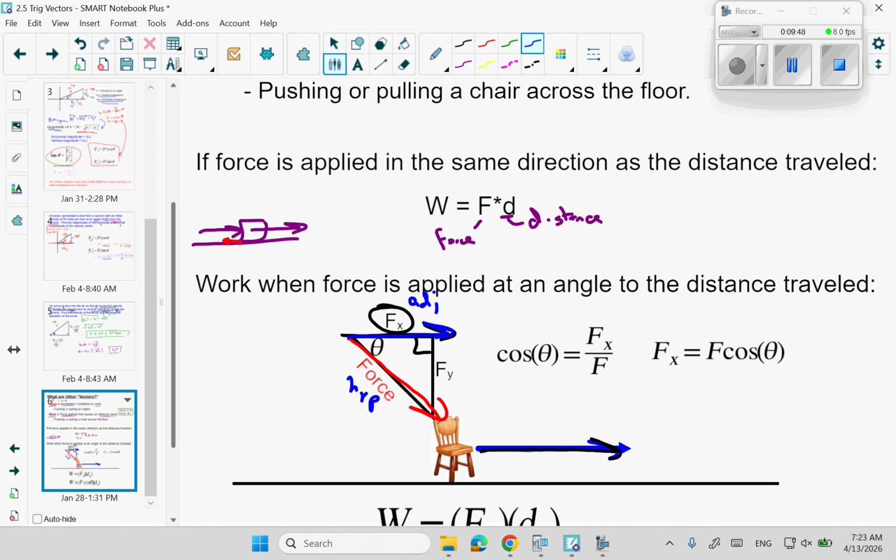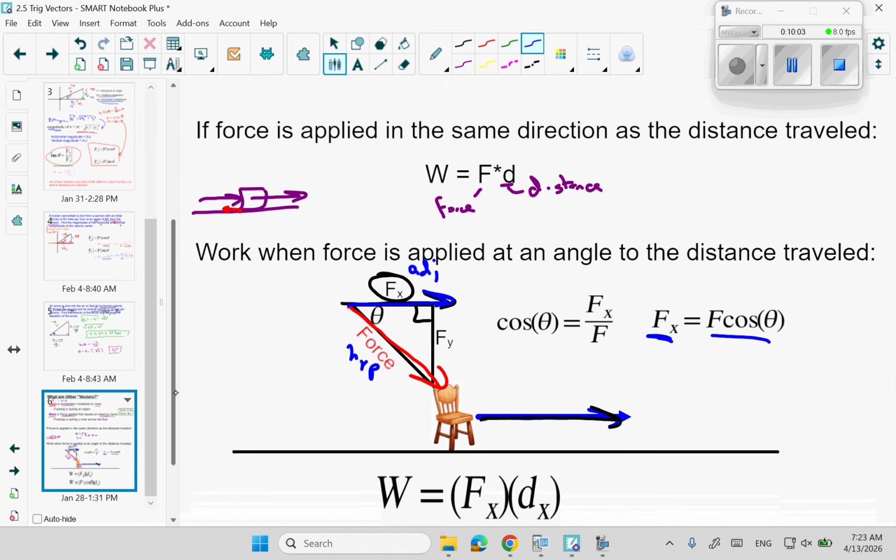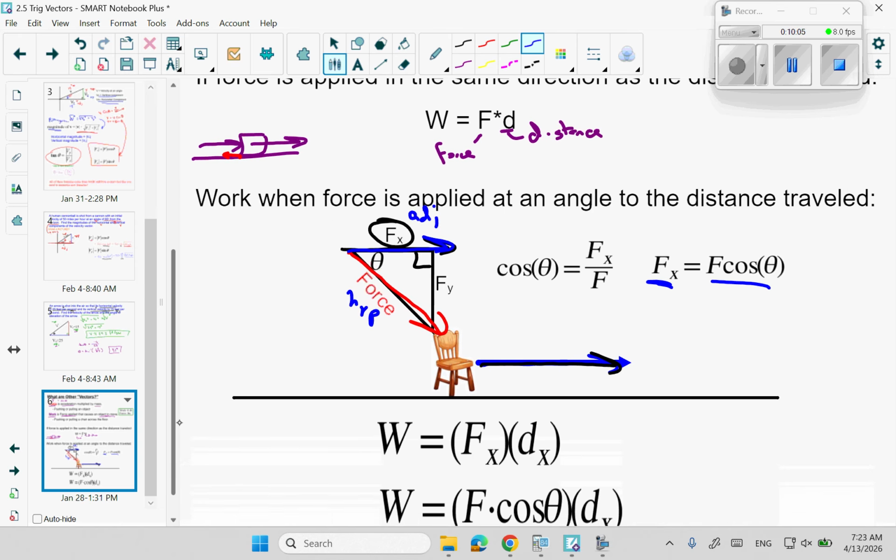So if I know theta, we find that f of x can be found by f times cosine, because again, adjacent and hypotenuse. And it's kind of nice because the x direction is cosine still, just like it was earlier in this lesson. So we find that this is the force that matters.